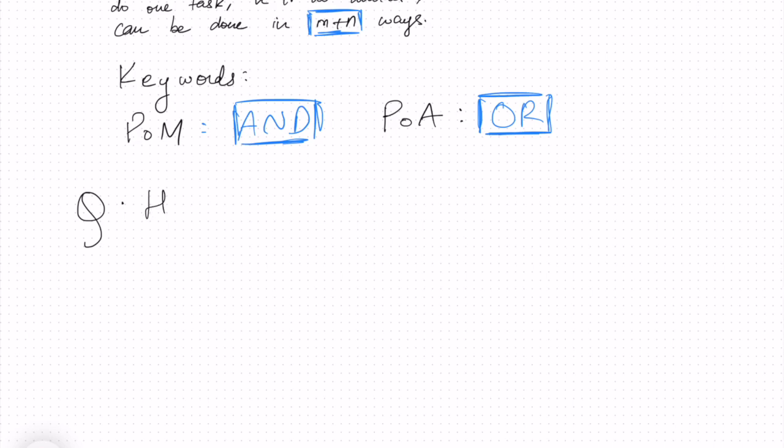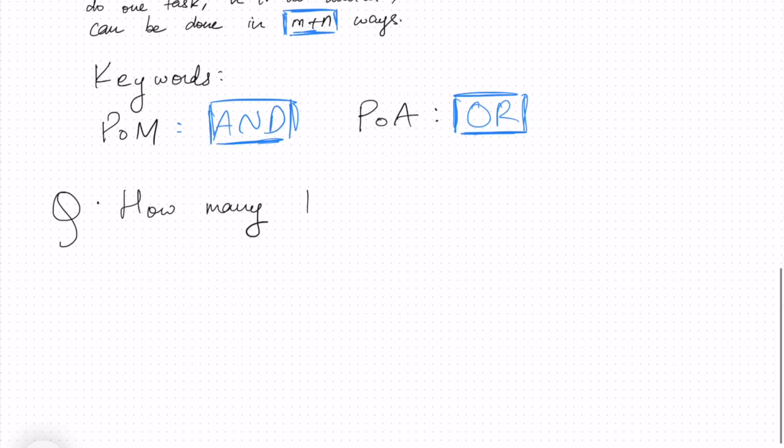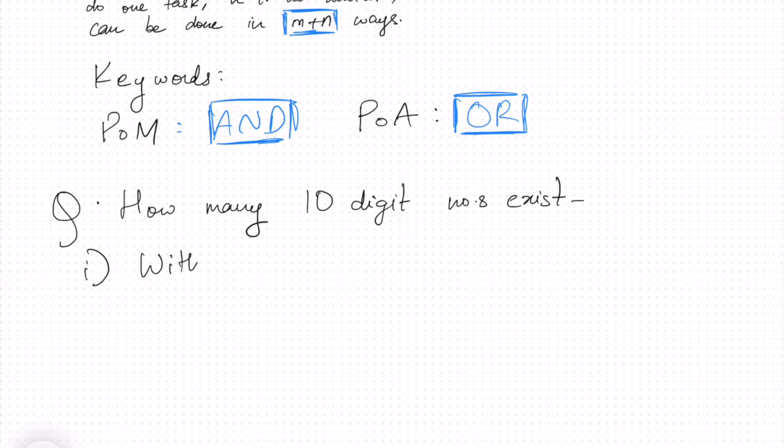First question is, so this is one of the most common types of questions in PNC, basically number forming. How many 10-digit numbers exist, one without repetition and two with repetition?